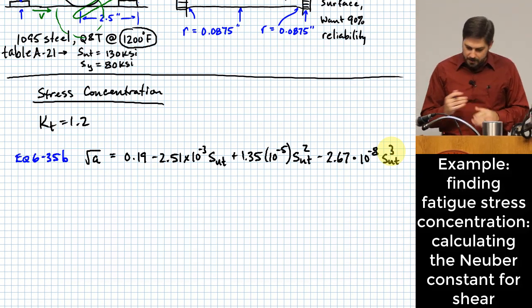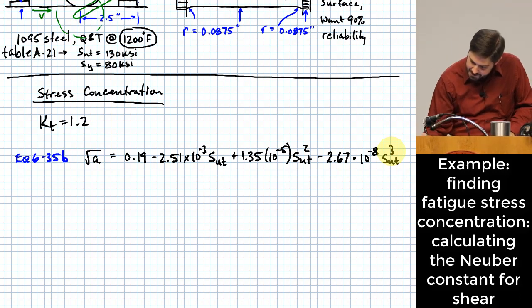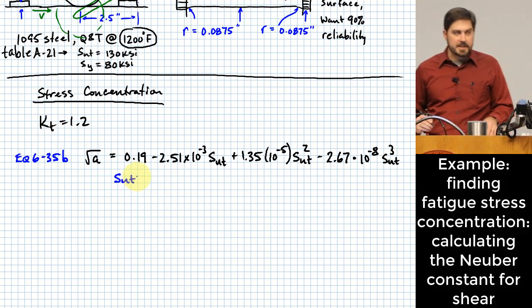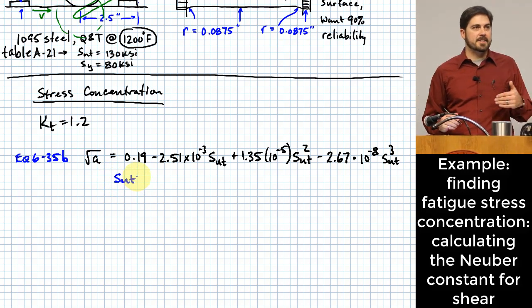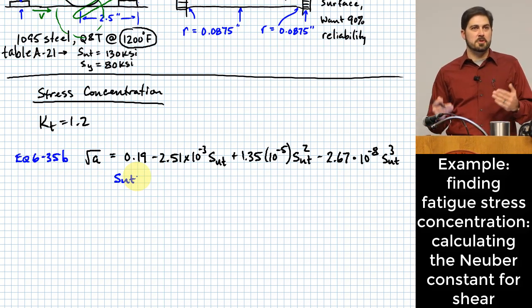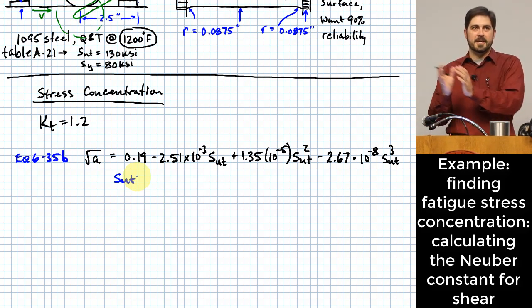All right, so let's see. We're going to plug into this equation everywhere we see S sub ut. Remember, it is expecting you to plug in values that are in KSI, so you don't plug in the unit KSI, you just plug in a number that is in KSI.